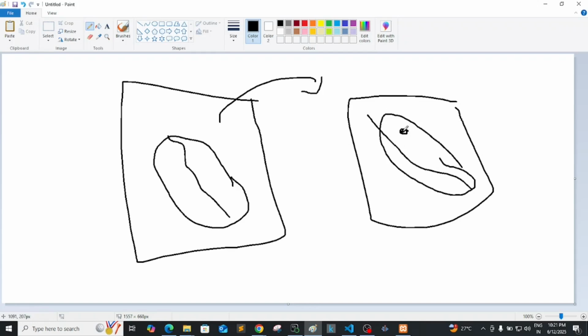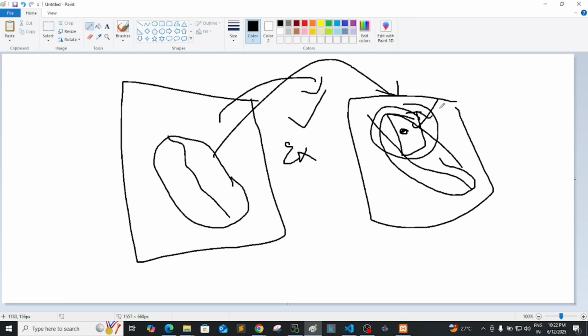Now I will have explainable AI. Explainable AI's power is that when a model predicts this, it explains to us which region was the most important area to say that this brain image is actually a tumor image, or this brain image is a brain stroke image.